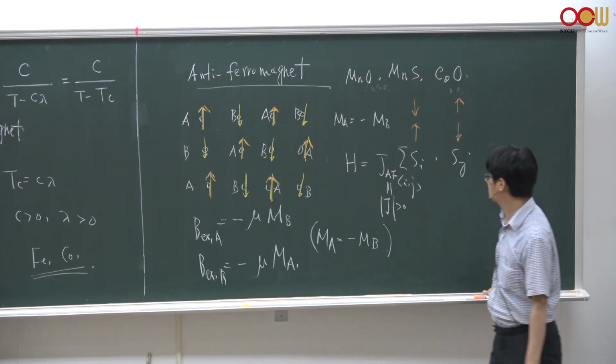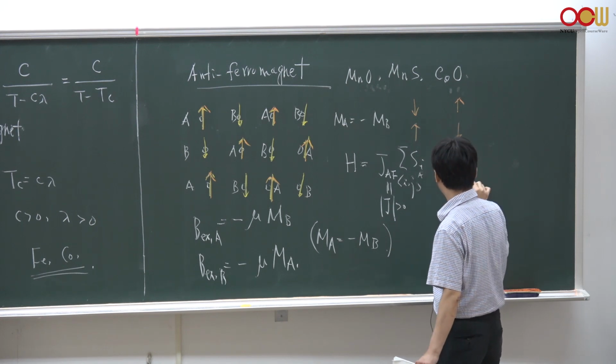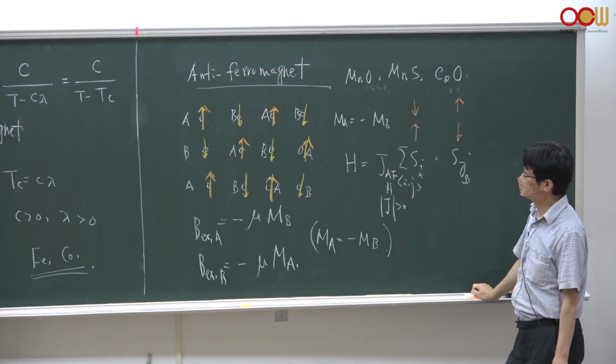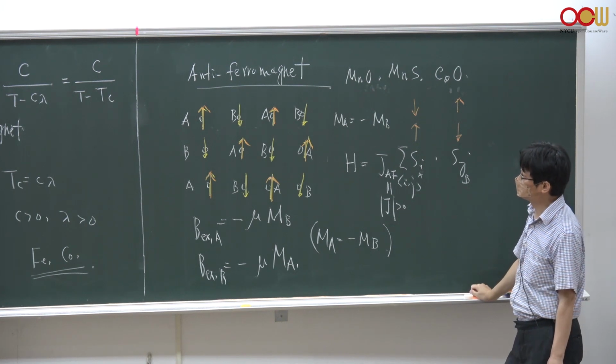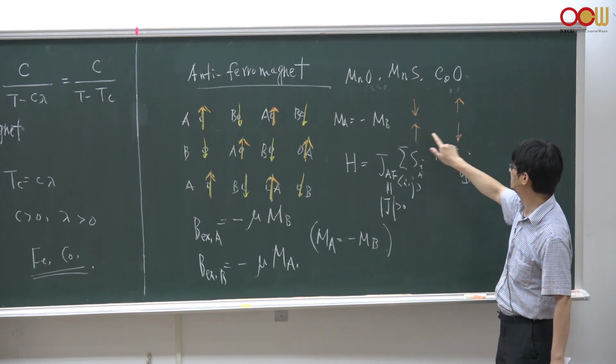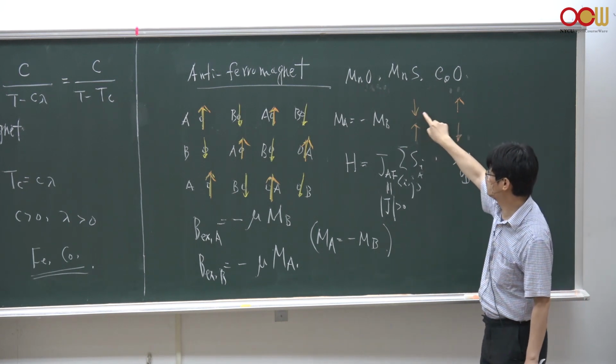So if the spin on site i, where i refers to sublattice A and j refers to sublattice B, then either all the spins on the sublattice A point up or point down, but if A points up, B should automatically point down, and vice versa.